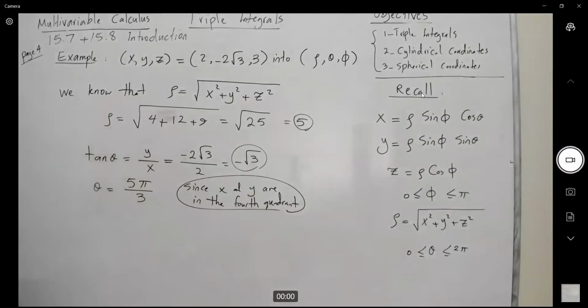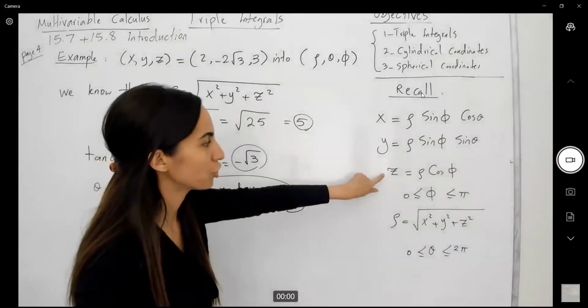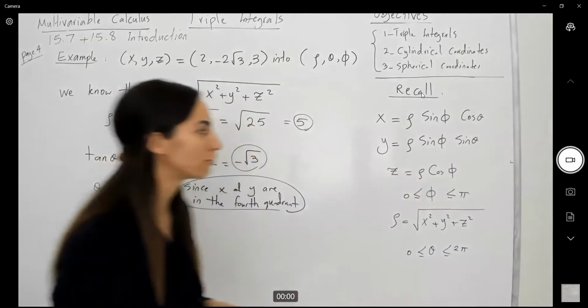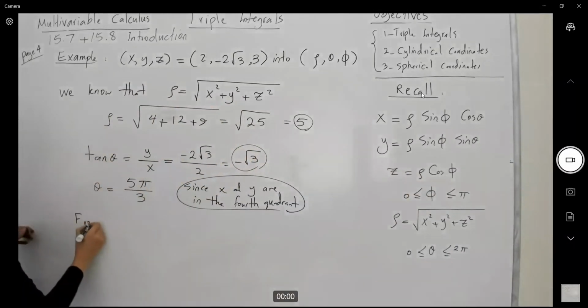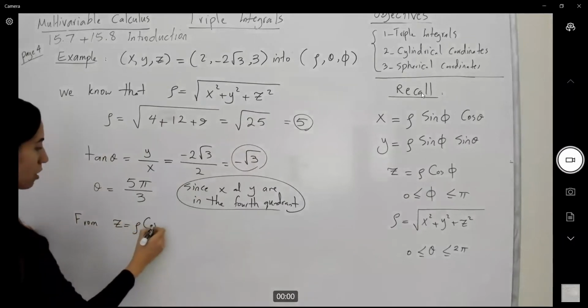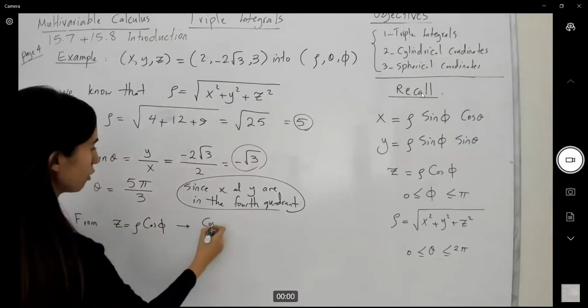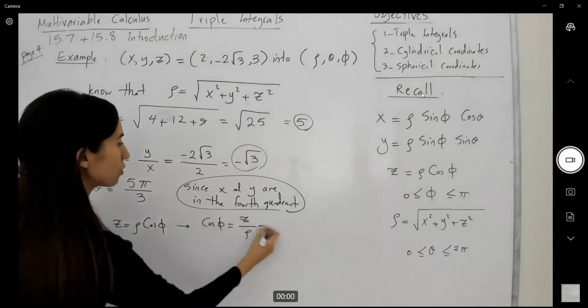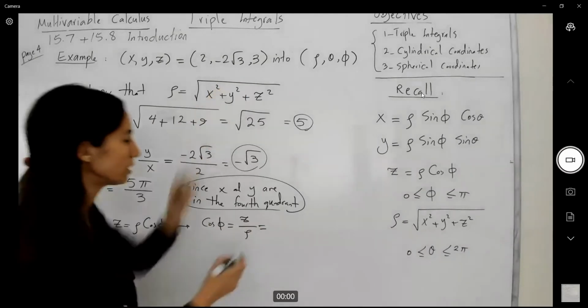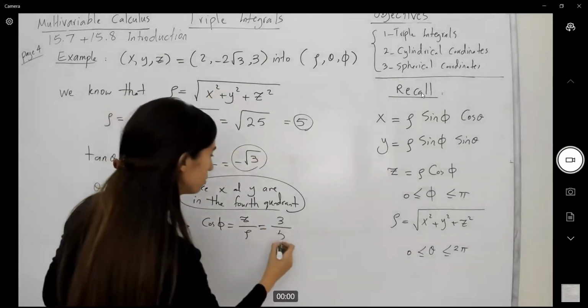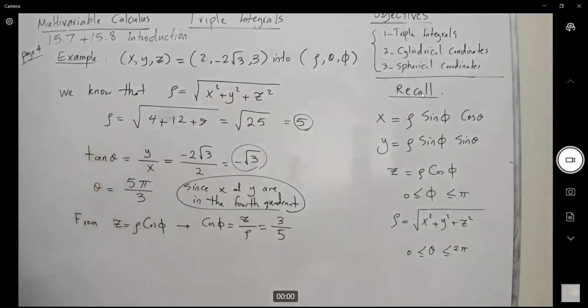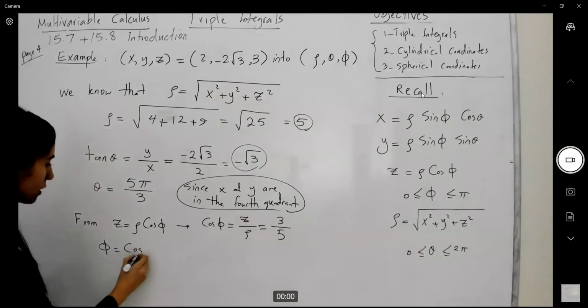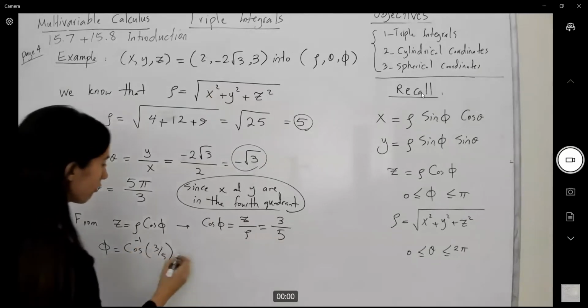Now how about phi? Let us think about phi. We can use this piece of information here, z equals rho cosine phi. So from z equals rho cosine phi, we know that cosine phi is equal to z divided by rho. But what is z? Z is equal to 3. What is rho? Rho is equal to 5. So 3/5. By using a calculator, phi is equal to inverse cosine of 3 over 5.